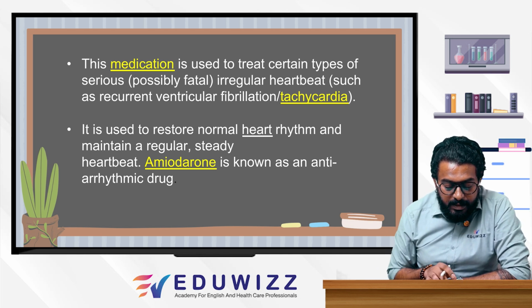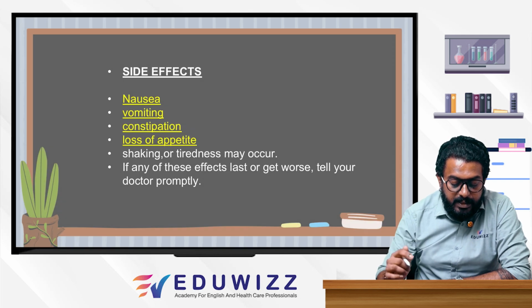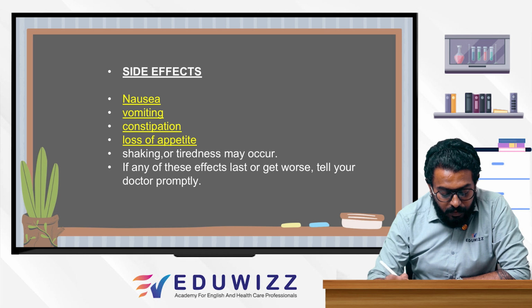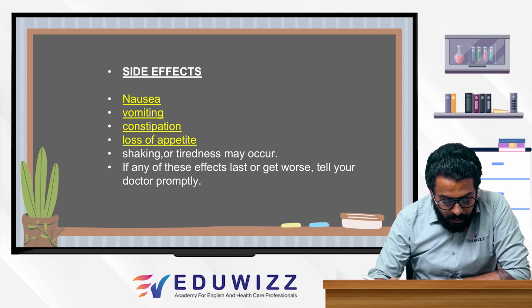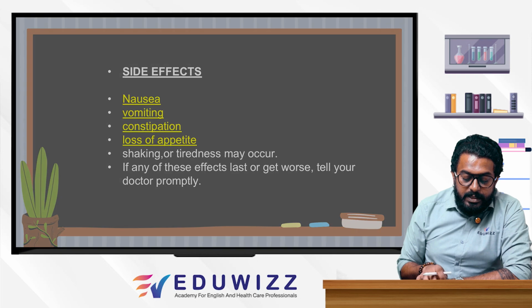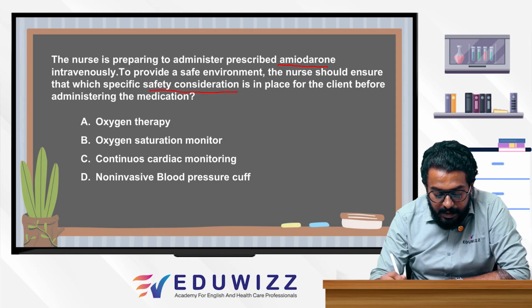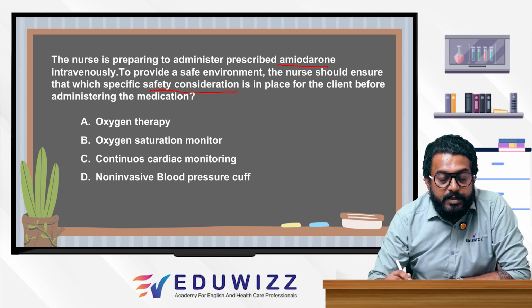Before going to the question, let's see some more points regarding amiodarone. Side effects of amiodarone are nausea, vomiting, constipation, and loss of appetite. Another side effect is shaking or tiredness.